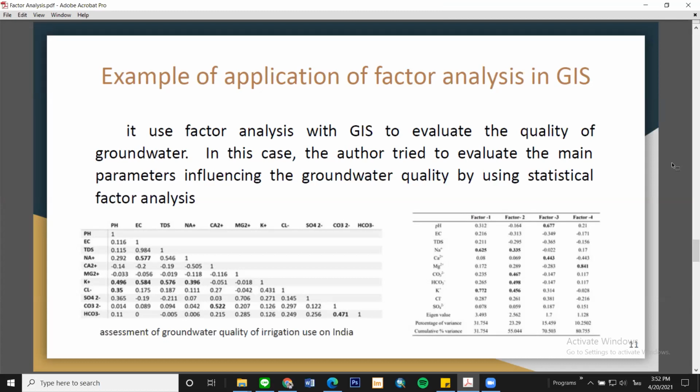This table is the correlation matrix of 11 chemical parameters of the groundwater quality assessment, and we have the table of 4 factors that is the output from SPSS software. Next.